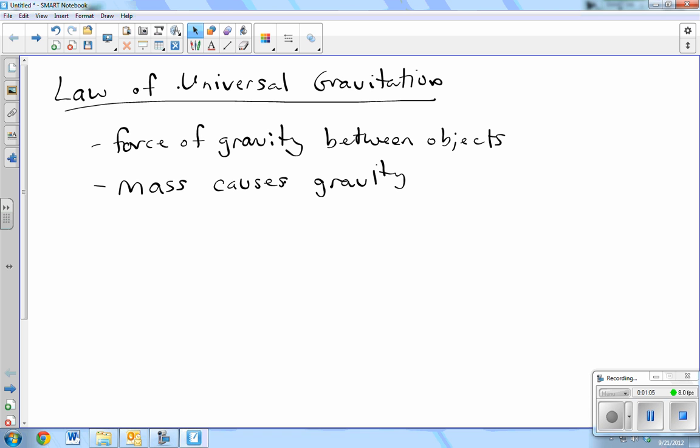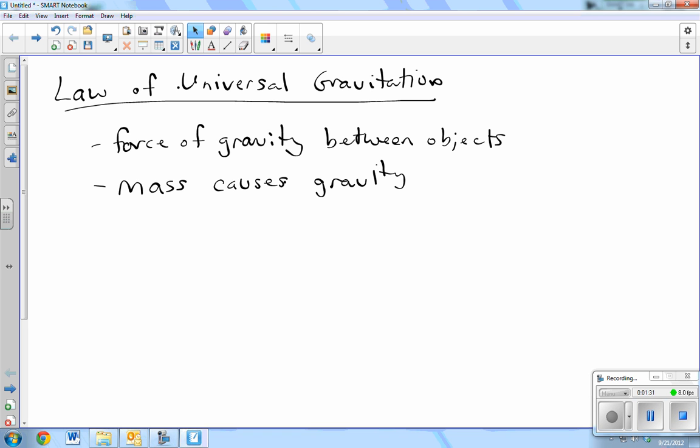So everybody in this room has their own small gravitational field. Everybody in this room is attracted to everybody else in this room, and the bigger you are, the more attraction that you have. You are also attracted to the tables and the walls and the pencil in your hand. Everything that has mass has its own gravity.